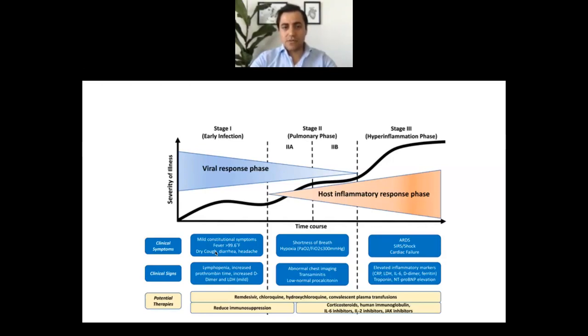In stage 2, the viral response phase goes into the host inflammatory response phase. This can develop in some patients into a hyperinflammation response, and these patients will develop ARDS, SIRS, or shock, or develop cardiac failure.